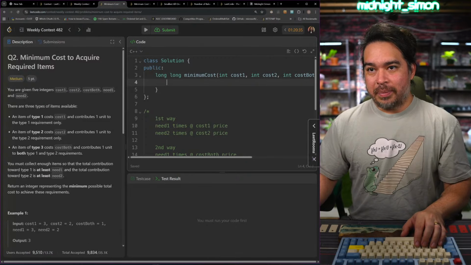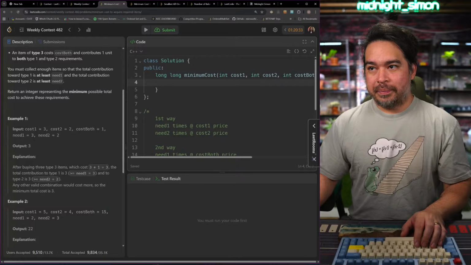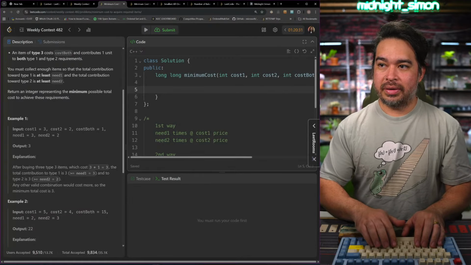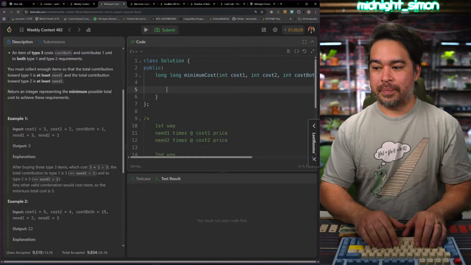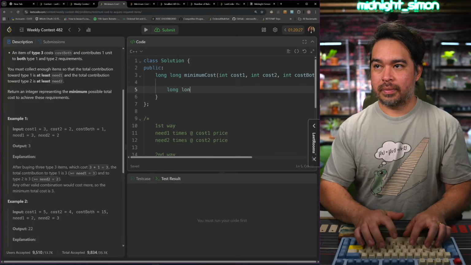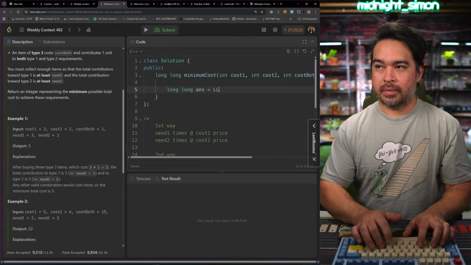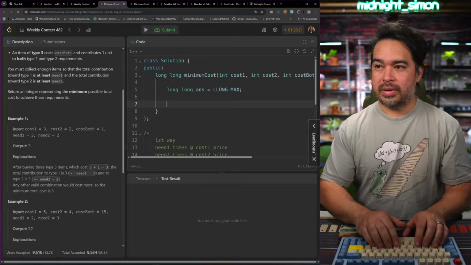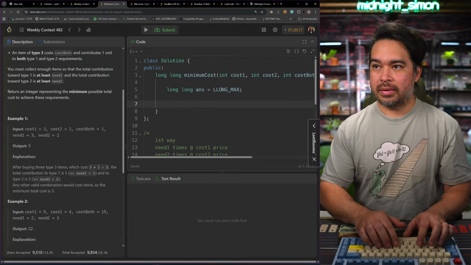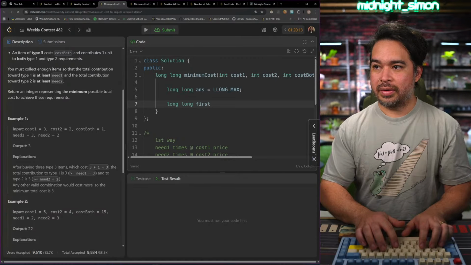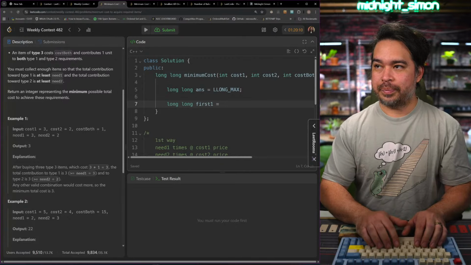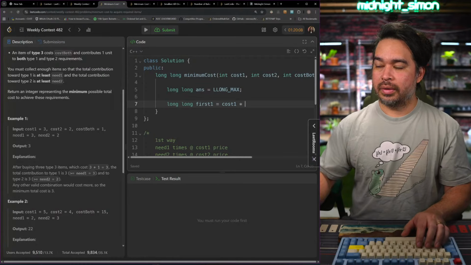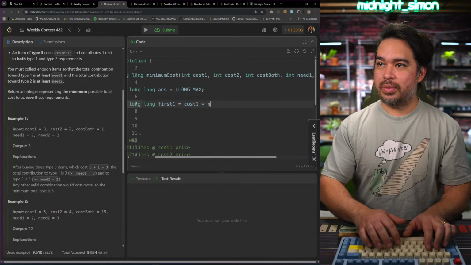Let us try, man. So, all right, first way. Need 1 times that costs 1. First, cost 1 times need 1.